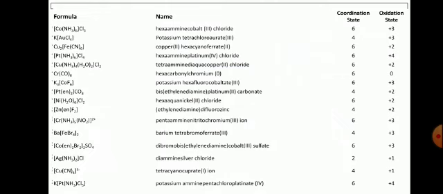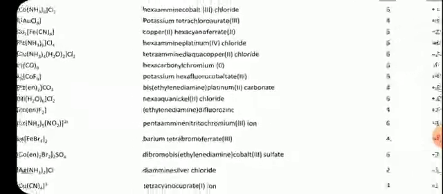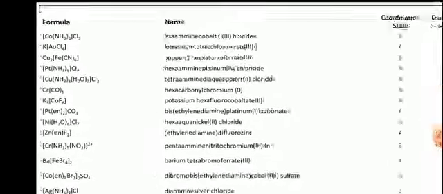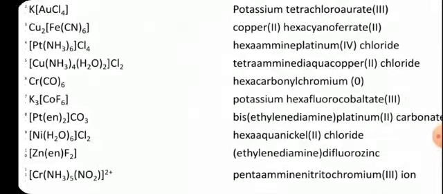Instead it will be named as bis, with ethylenediamine in brackets. You can see in this particular example, we have platinum en twice, and then you have carbonate outside. It's a positive complex as carbonate is outside, so it will be platinum and not platinate.